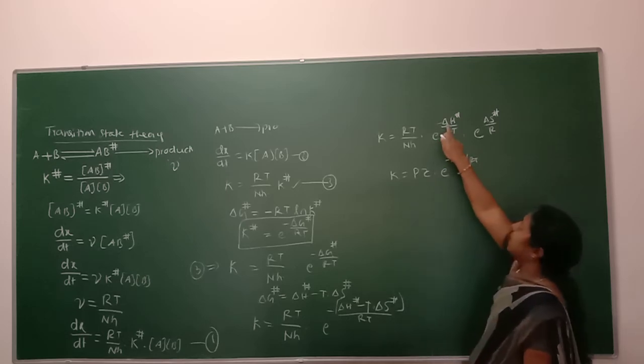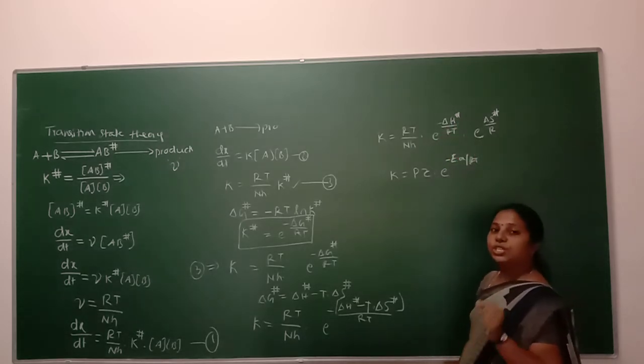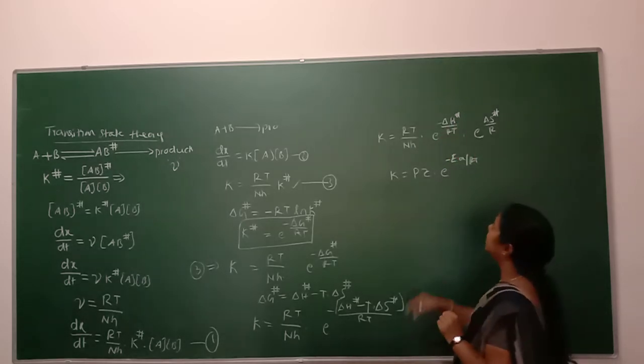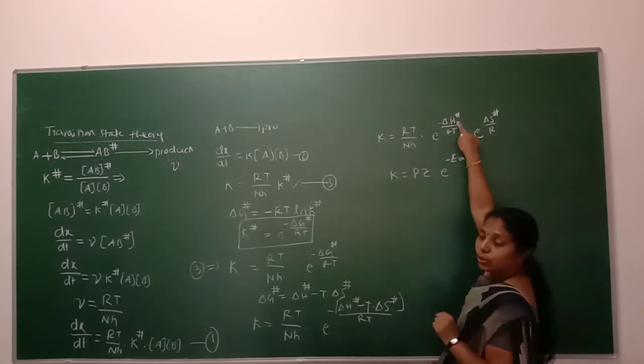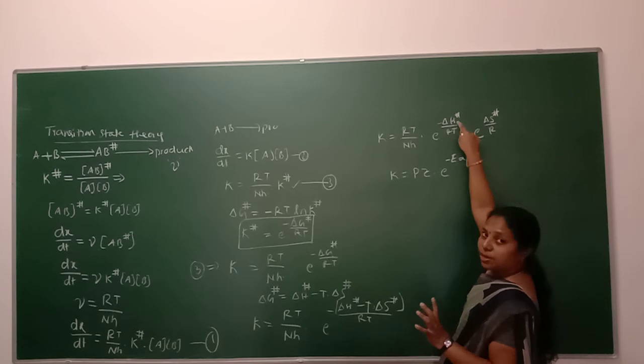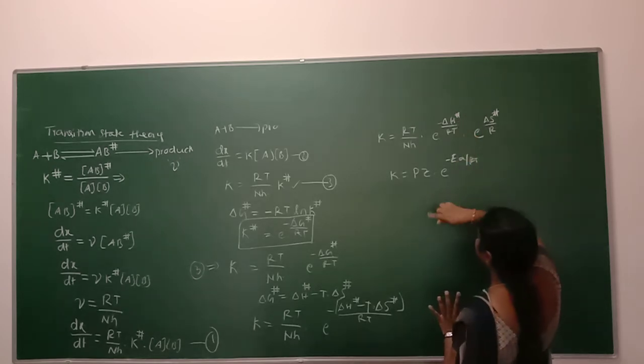So here delta H hash is nothing but the change in enthalpy during the reaction. So the change in enthalpy is almost equal to the activation energy of the reaction.